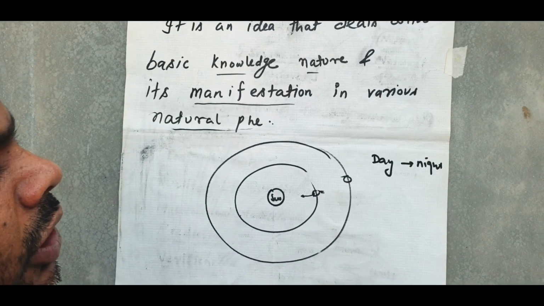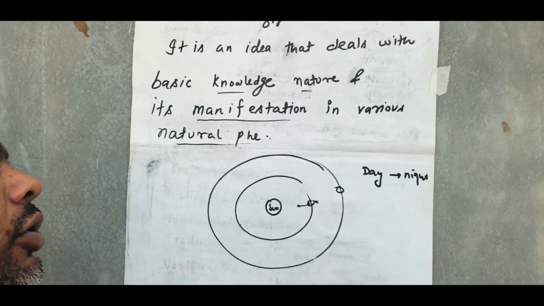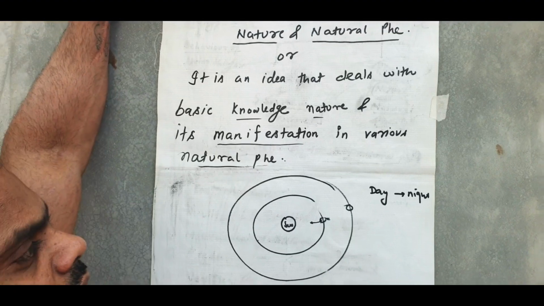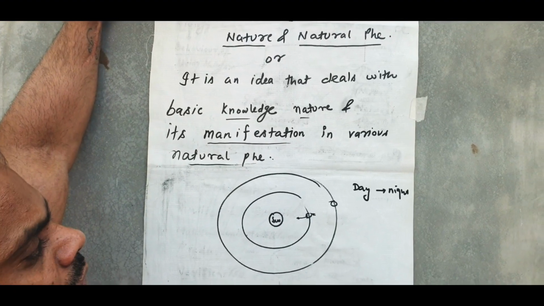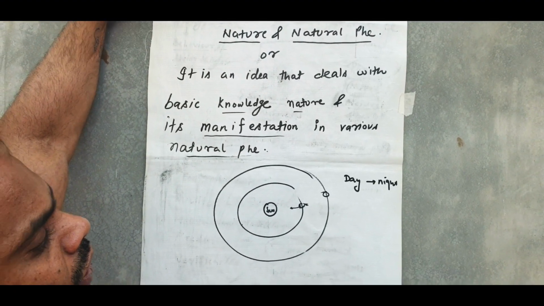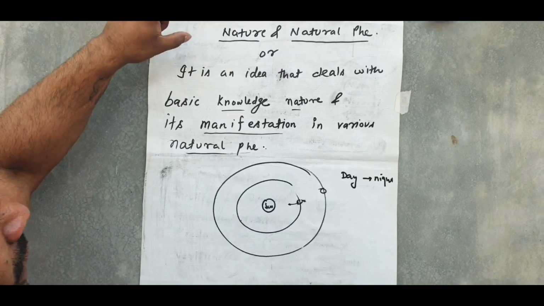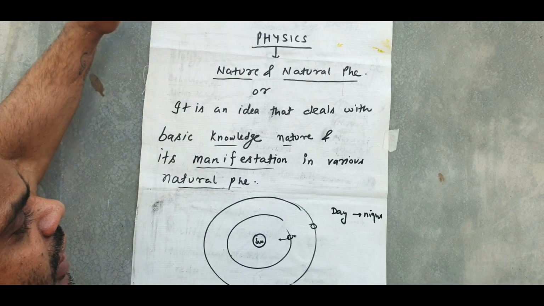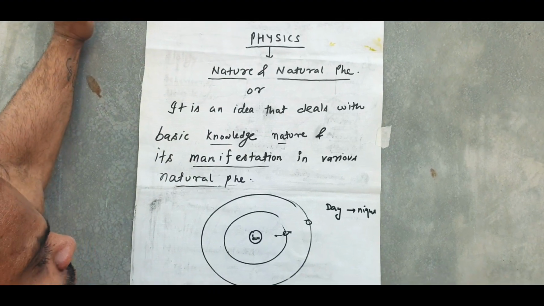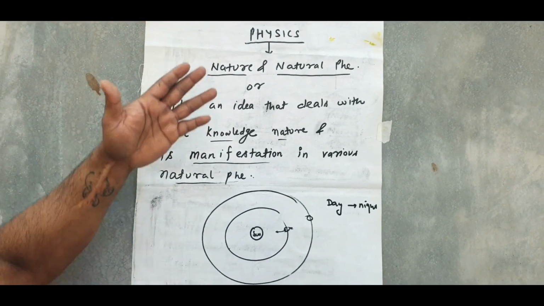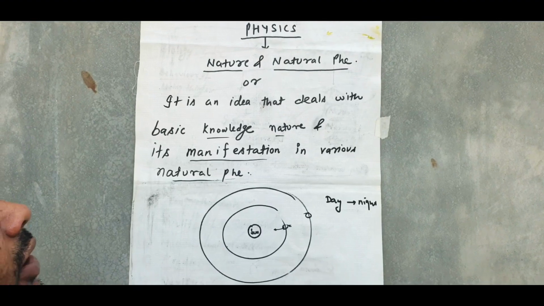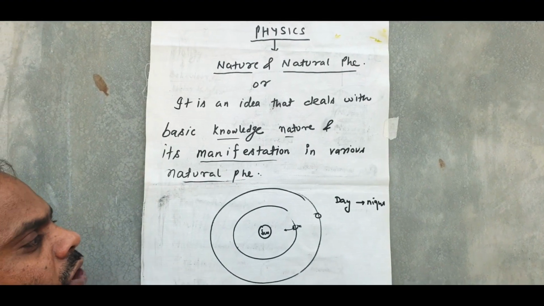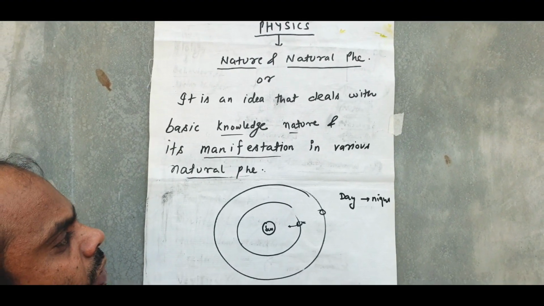The earth is revolving on its own axis, so at one time there is day, and after a fixed interval of time there is night. Although there is slight change, this is explained by physics, and that is a natural phenomenon. Another example is the coming of different seasons. That also we can understand with the help of physics. So we'll continue our lecture, and the next topic is thrust area in physics. That is tomorrow.